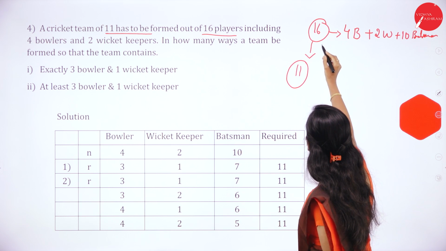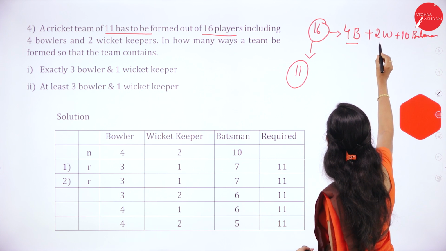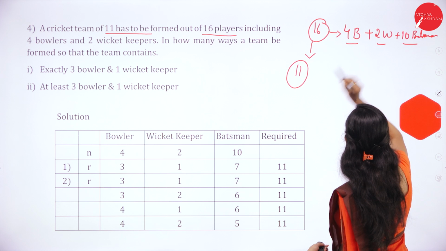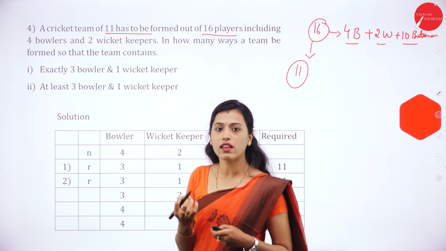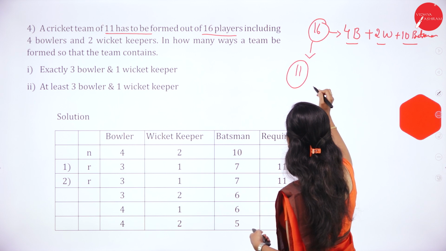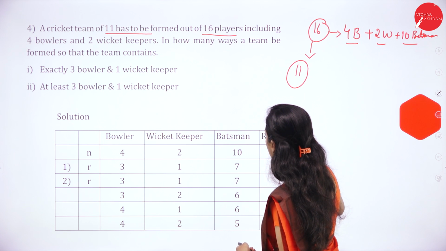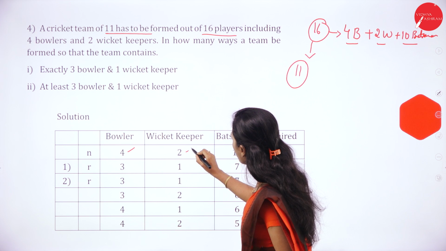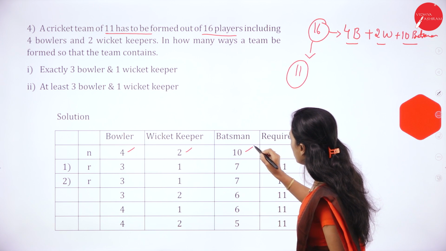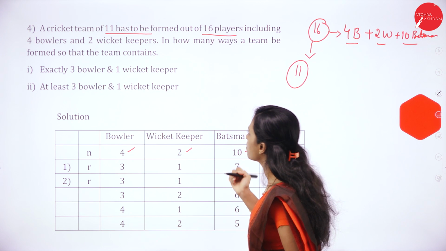So out of 16, there are 4 bowlers, 2 wicket keepers and 10 batsmen. Here we are going to select 11 players.